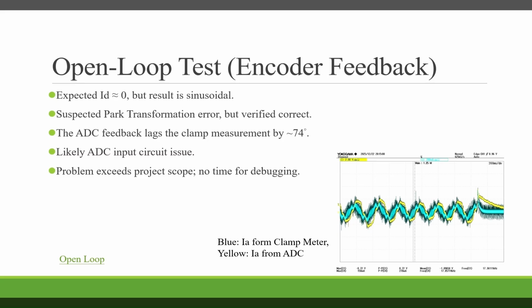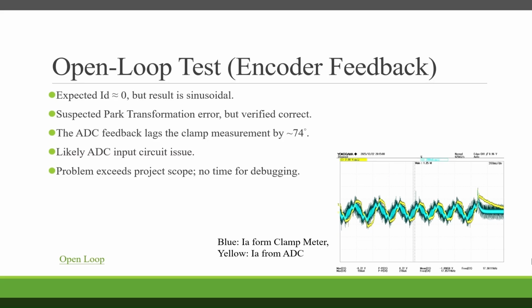Finally, I discovered that the ADC feedback lags the clamp measurement by about 74 degrees, which is quite large. It is likely that the ADC input circuit has some issue. Sadly, the problem exceeds this project's scope, and moreover, there's no time for debugging.